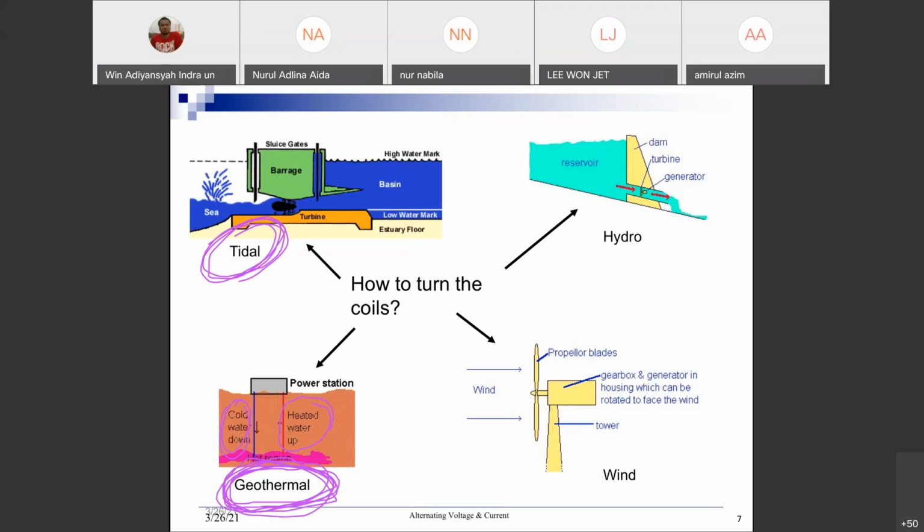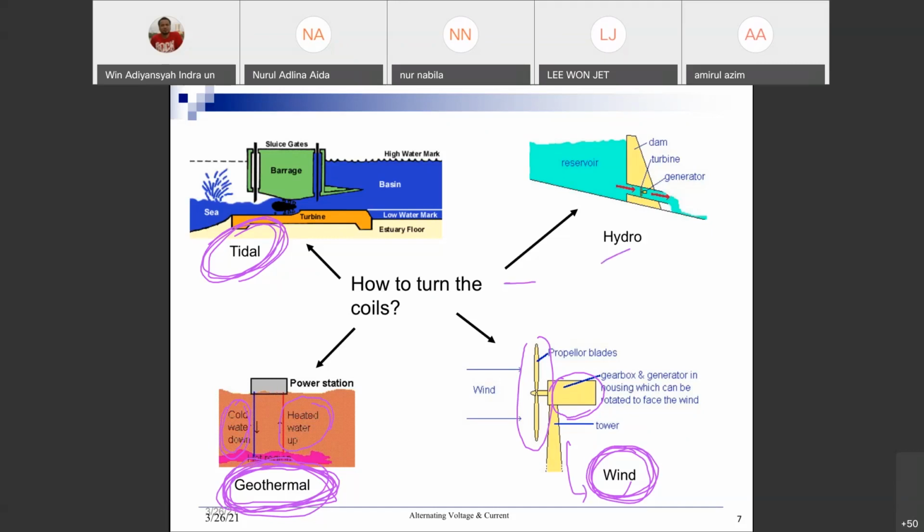And there's also wind energy. Wind moves the propeller blades, and there's also a gearbox here. And hydro.